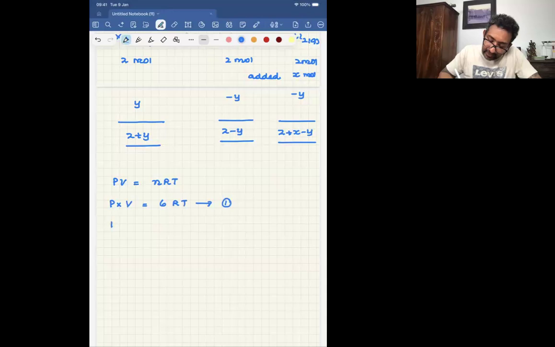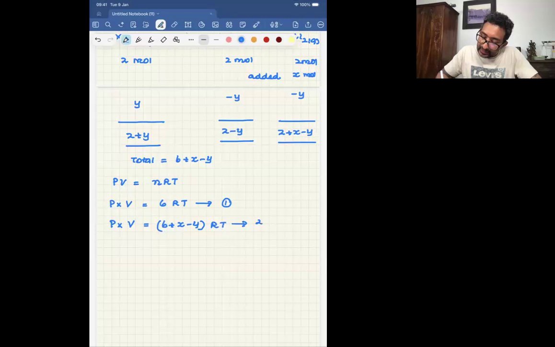Same pressure, same volume. Number of moles here: 2 plus 2 plus 2 plus x minus y. Total number of moles is 6 plus x minus y, RT.